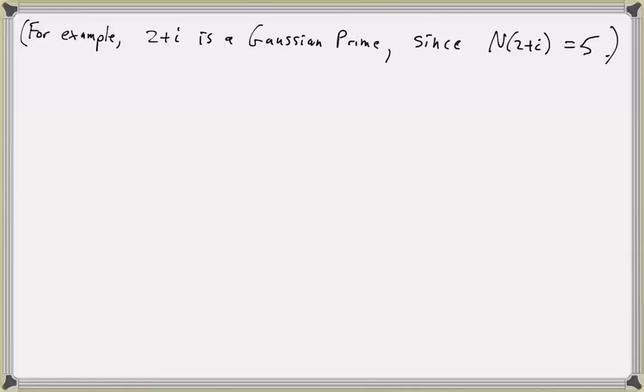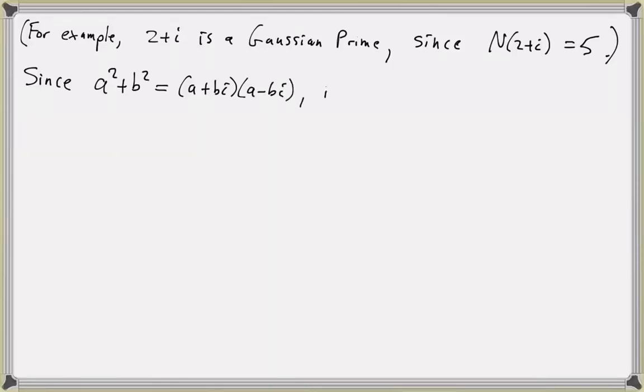Now let's look at the norm again. We know that the norm of a plus bi would equal a squared plus b squared, but it's also equal to the product a plus bi times a minus bi, the product of these conjugates.